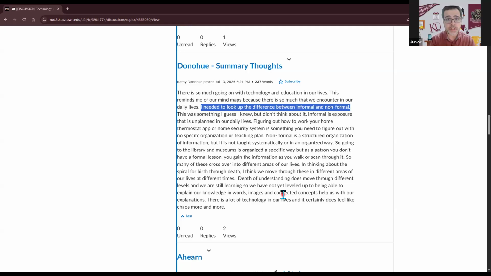And personally, what drove me to be really bothered by the fact that informal education was often disregarded is that I am a product of informal education. I am a product of formal education, of course.